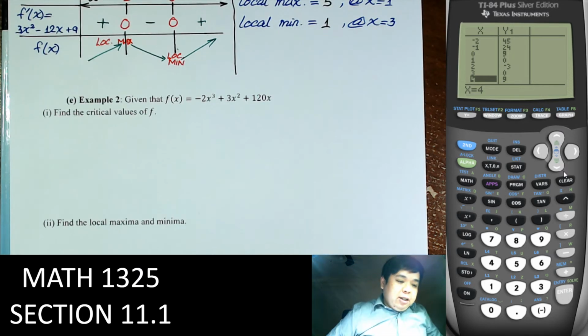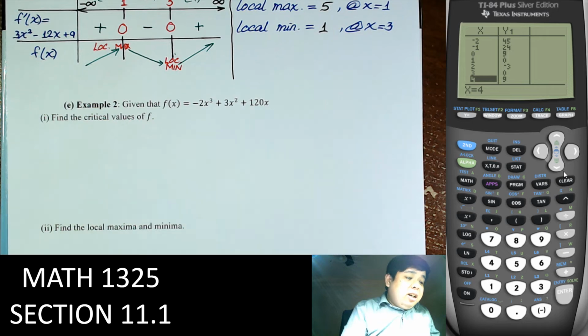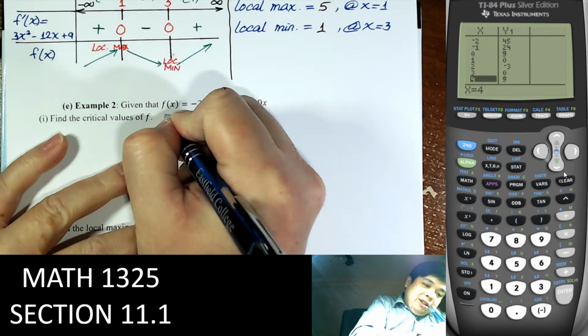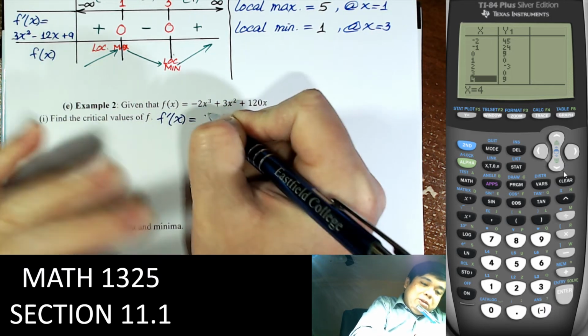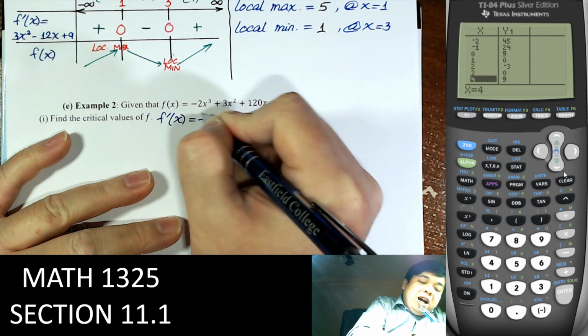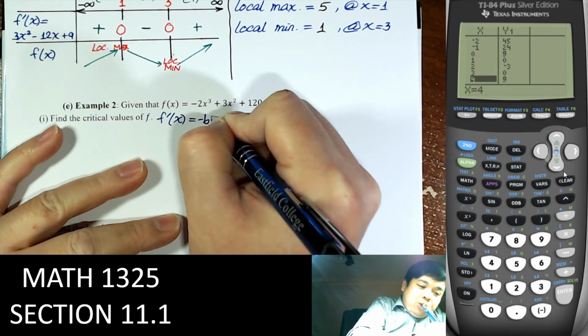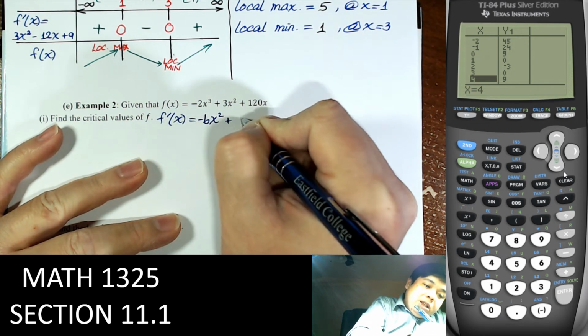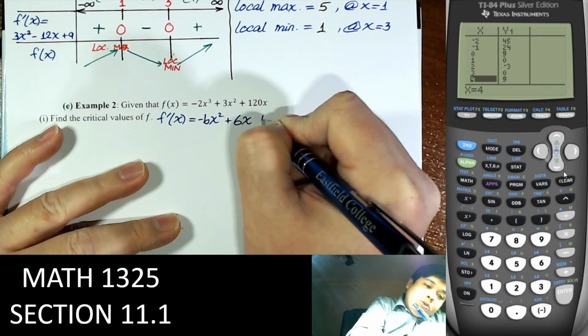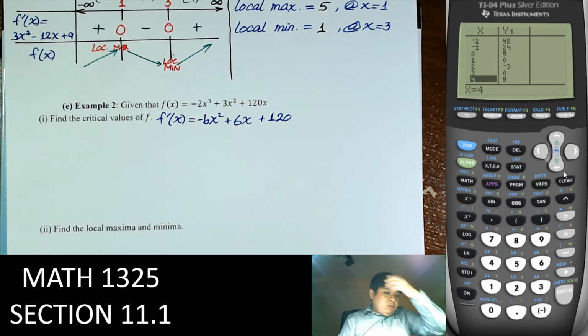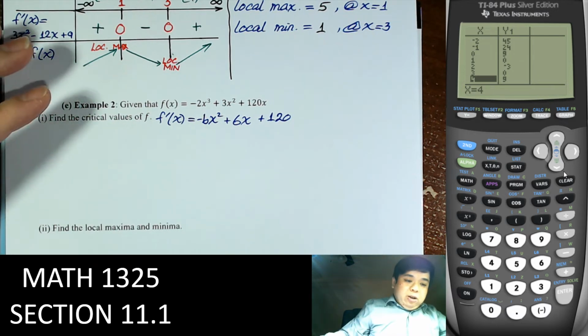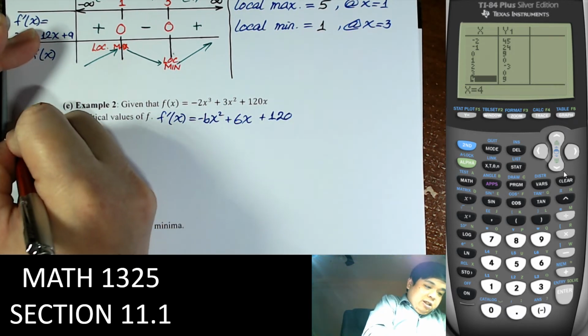Right. Next example here. Given that, find critical values. Derivative equal to 0. I mean, so for the derivative first. Take down the 3, we have 6x squared plus 6x plus 120. Right, derivative equal to 0. Derivative does not exist.